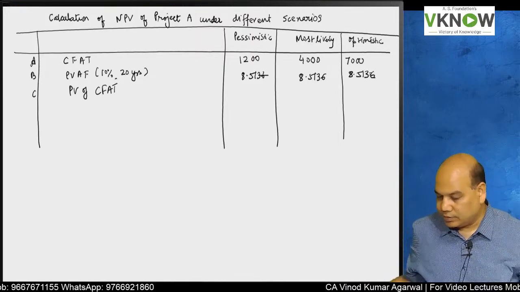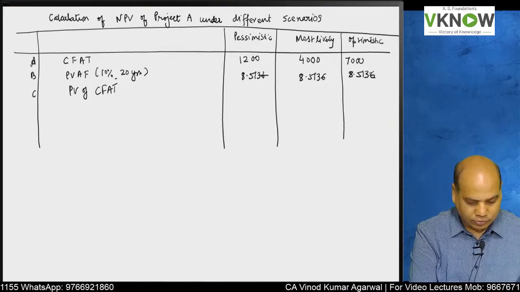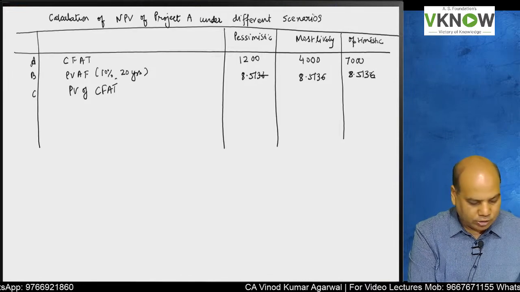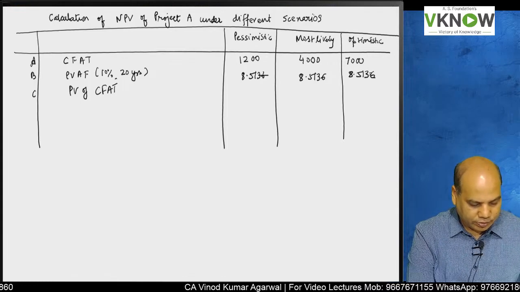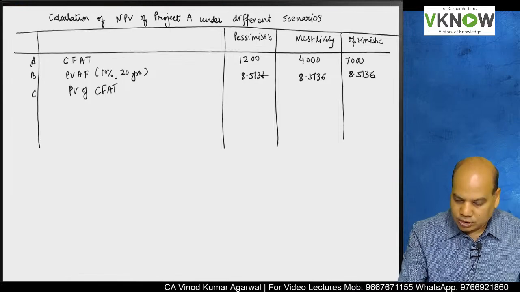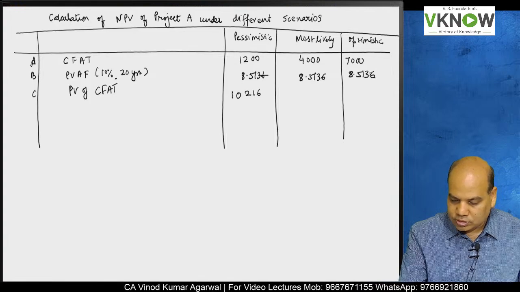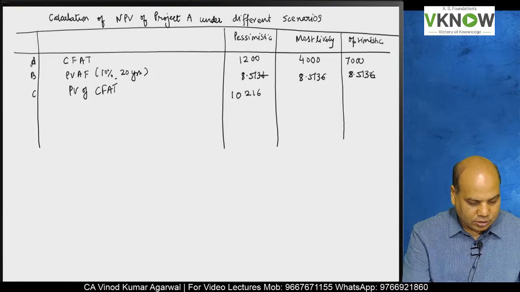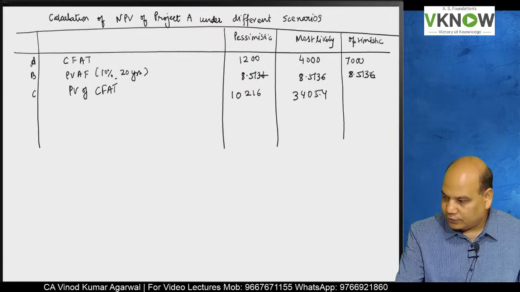PV of CFAT. So you will say 1200 into 8.5, or I'll tell you one shortcut. First you type 8.5136 into 1200, equal to, round off the last digit, 10216. Then just type 4000 and press equal to, you will get 34054.